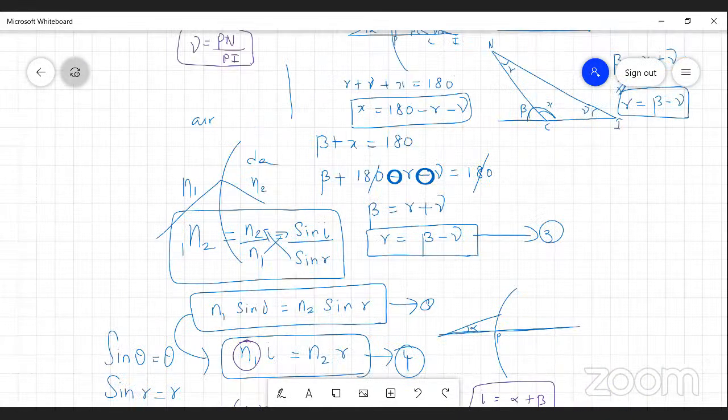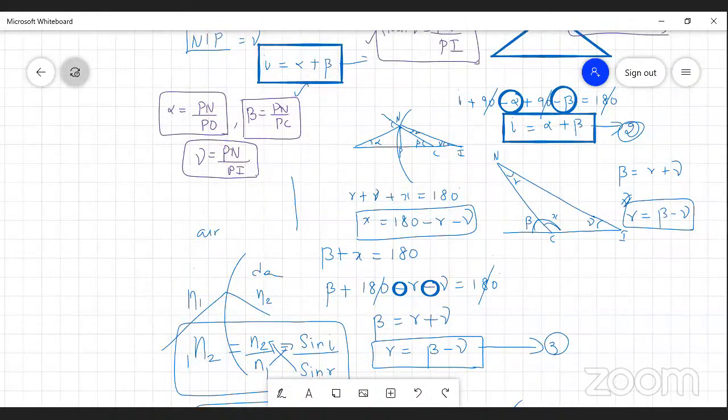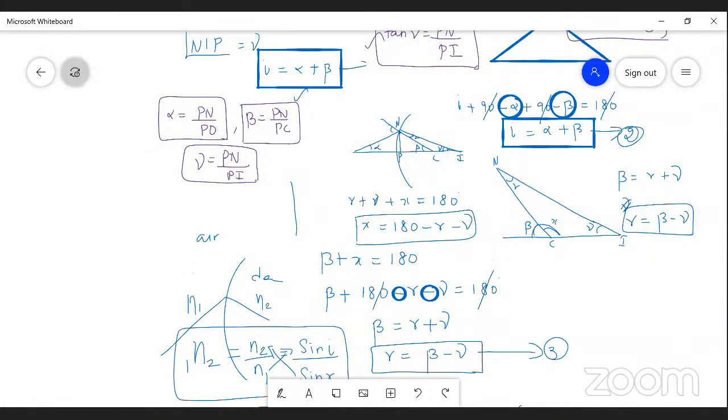Alpha is equal to PN divided by PO. Beta is equal to PN divided by PC. Gamma is equal to PN divided by PI. See, these are the alpha, beta, and gamma values. Substitute the values.